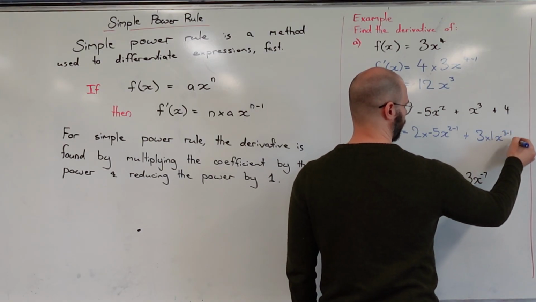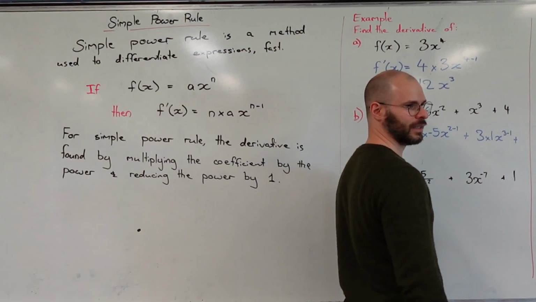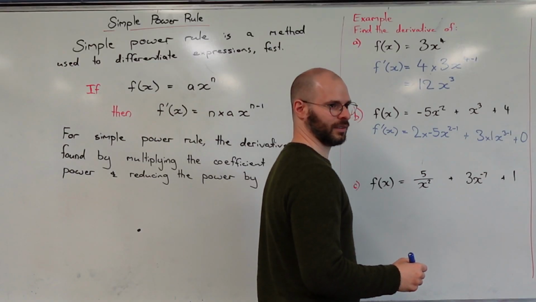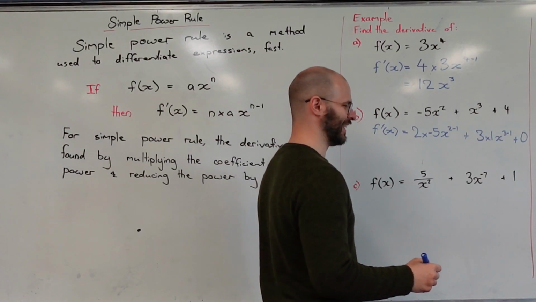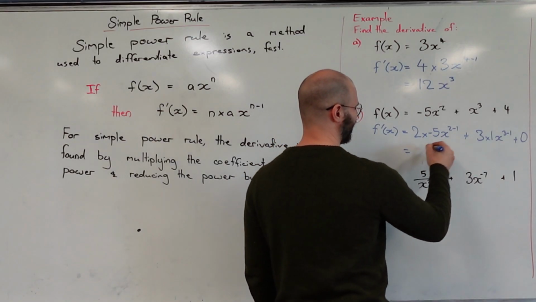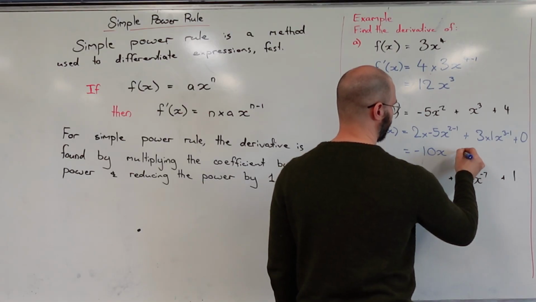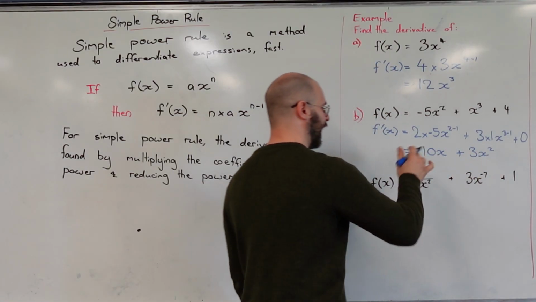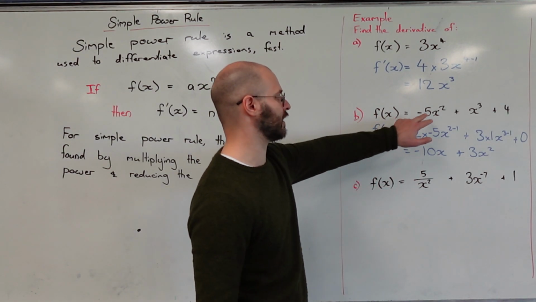And then the final one, what's this one going to become? 0. Once more with confidence. Yes. Okay, so this is -10x to the power of 1, we don't need the 1 there. And 3x squared. And this function here describes the slope of f of x at any given value for x.